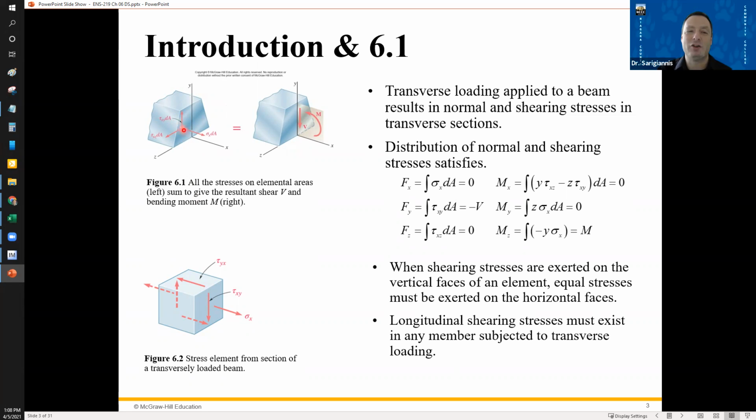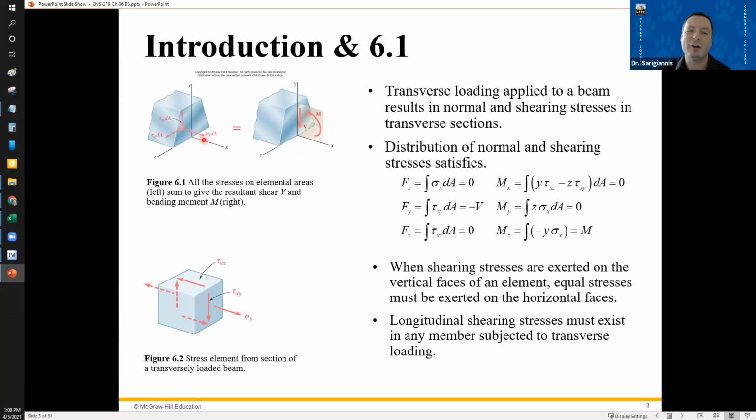This area, the normal axis is x, and this is the y shear direction, right? This is tau xz. This would be a z shear direction, right? So depending on the situation, you can have an xy, you're going to have xz, you're going to have both.